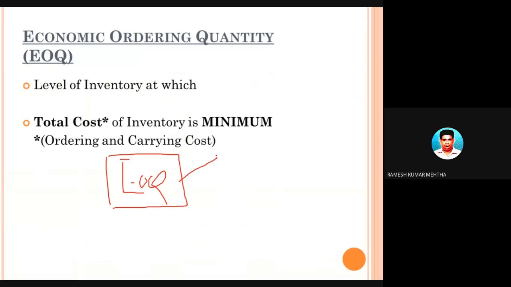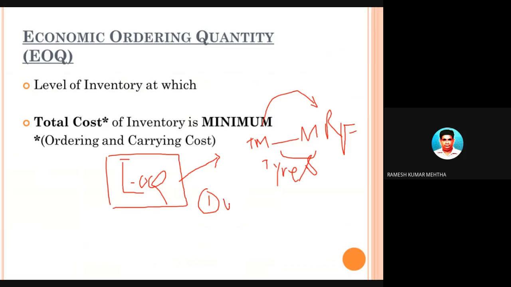Now, I will give a small example. Please listen carefully. Tata Motors is there and MRF is there. Tata Motors is purchasing tires from MRF. Now this company is placing an order of one unit, one tire.